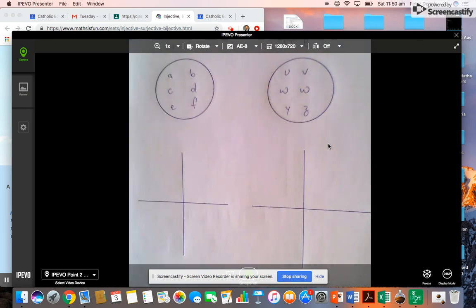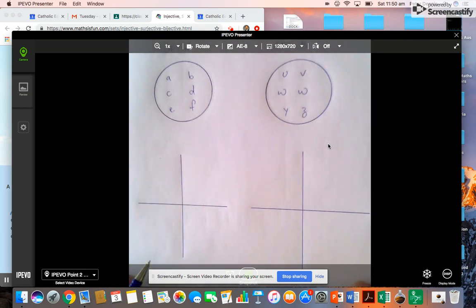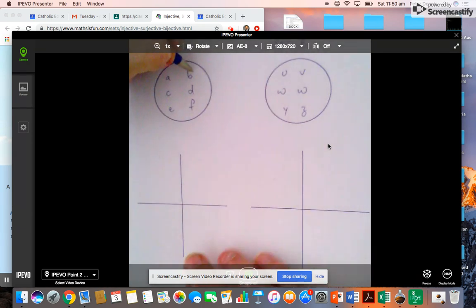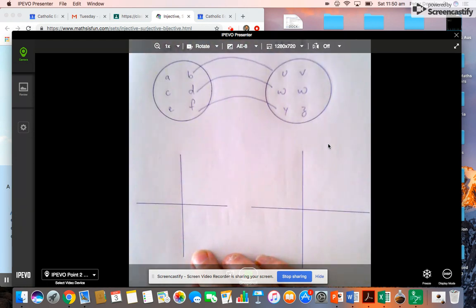Okay, so what is an injective function? An injective function is that every y comes from 1 x. So it's sort of both ways. If I draw it, b comes from u, d comes from w, f becomes y.